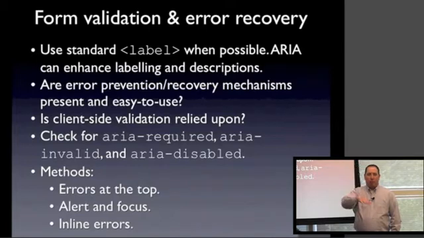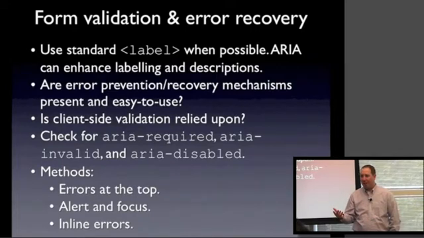Let's say you have a form and the button is disabled until you put in all of the required fields. Well, if I'm a screen reader user and I miss one of the required fields, I go looking for the submit button. I can't find it because it's marked as disabled in HTML. I can't tab to it. I can read to it, but I would expect a button to be in the keyboard navigation.